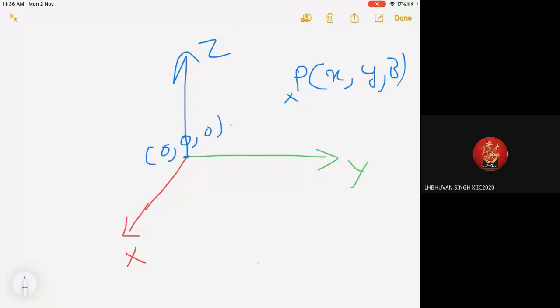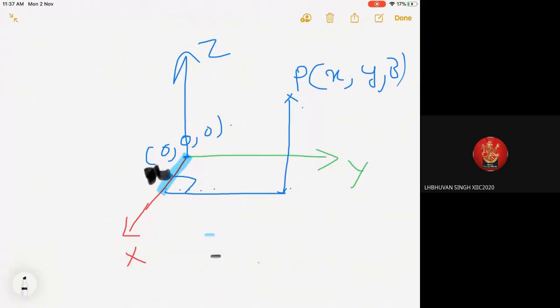What do you mean by the x coordinate? You draw a perpendicular from the point to the plane containing x and y, and draw a perpendicular from here to here. This is 90 degrees, and the distance along the x-axis is the x coordinate.